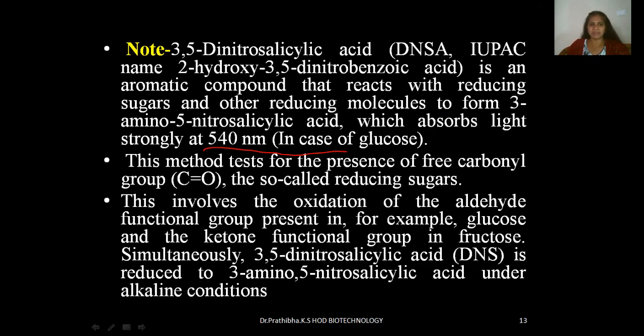This method tests the presence of a free carbonyl group, that is C double bond O, in so-called reducing sugars. This involves the oxidation of the aldehyde functional group present in, for example, glucose, and the ketone functional group in fructose. Simultaneously, 3,5-dinitrosalicylic acid is reduced to 3-amino-5-nitrosalicylic acid under alkaline condition.